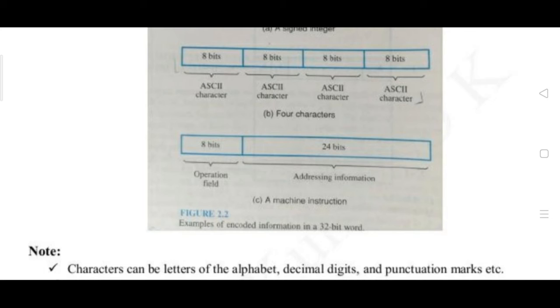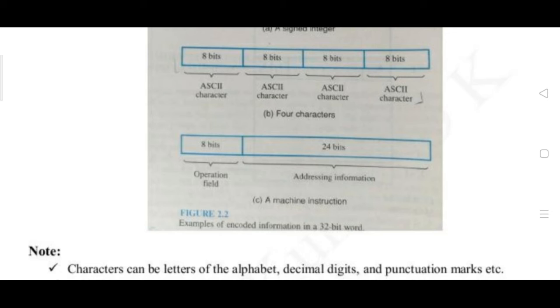A machine instruction contains the opcode as well as register values. Out of 32 bits, 8 bits from the MSB are used for representing the opcode. Recall the previous concepts, the load and add instructions that we took earlier. Watch my previous videos again and observe.